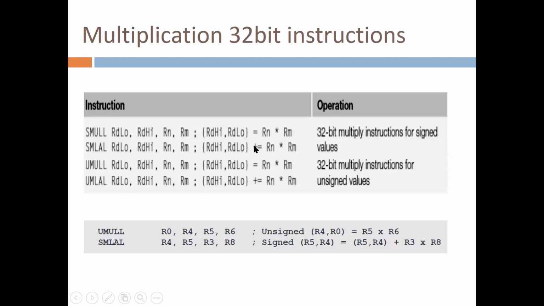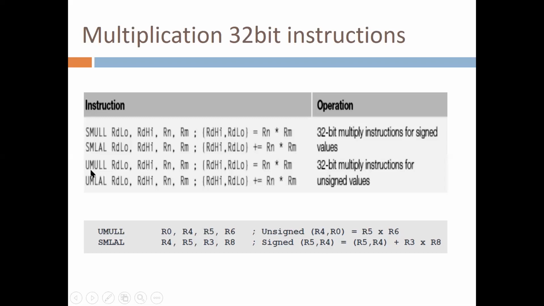So it performs two operations. One is multiplication of Rn and Rm, and the second is the addition of the result of the multiplication with these two destination registers. Finally, after these two operations, the 64-bit data will be stored in the destination registers RdLo and RdHi.